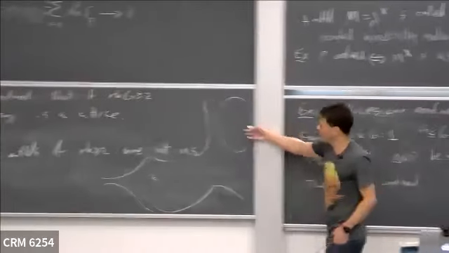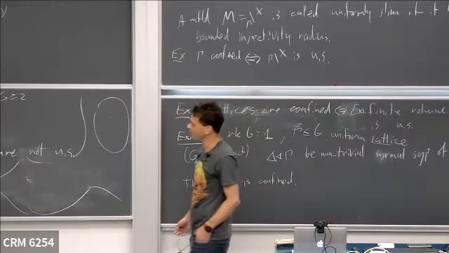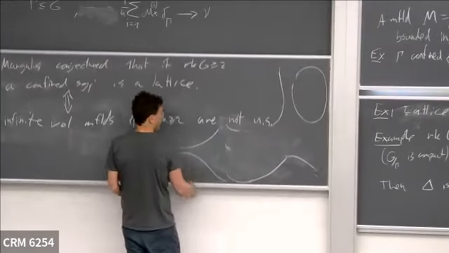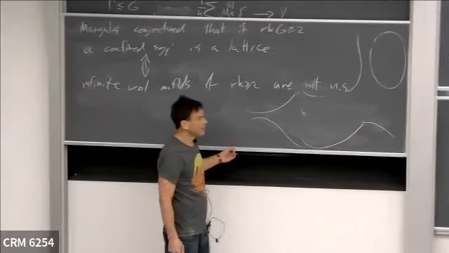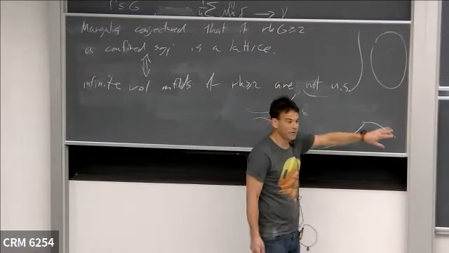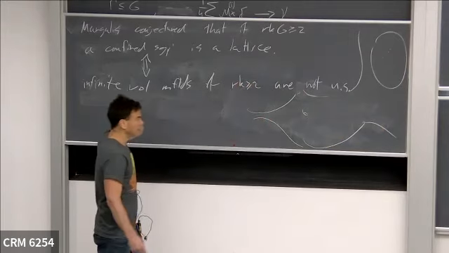So that's the conjecture. The conjecture is the converse of the exercise. This is rank 1, and in rank 1 it is not true. And in higher rank it is true.